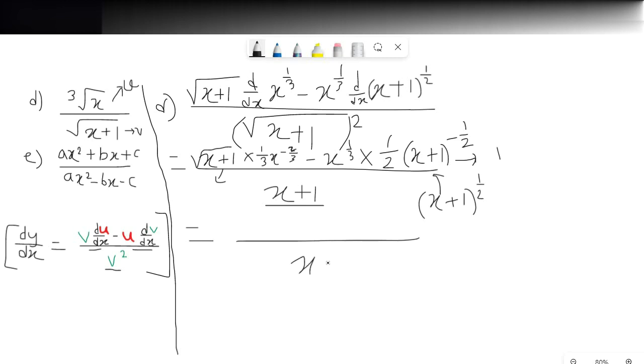So simplifying, at the bottom we have x plus 1 to the power 3 by 2, and the first term becomes 1/3 of x plus 1 multiplied with x to the power minus 2 by 3, subtracted with half of x to the power 1/3 into 1, because as explained before, a to the power n multiplied with a to the power minus n will always be 1.